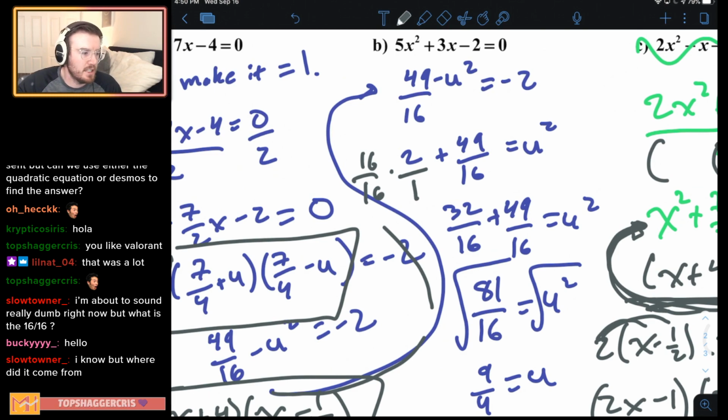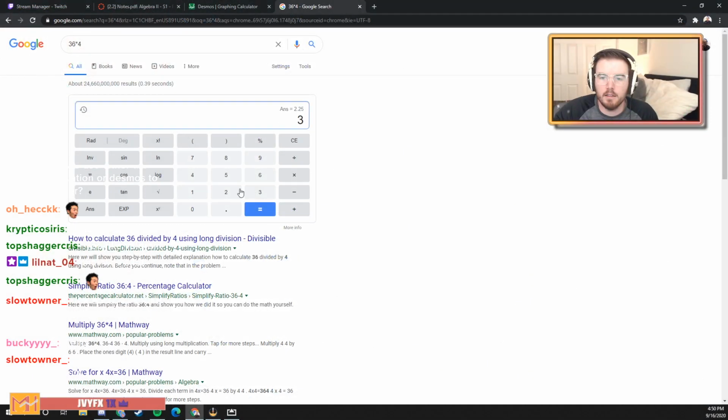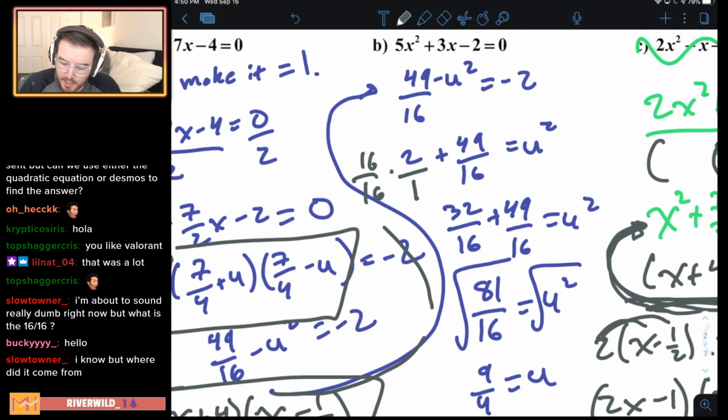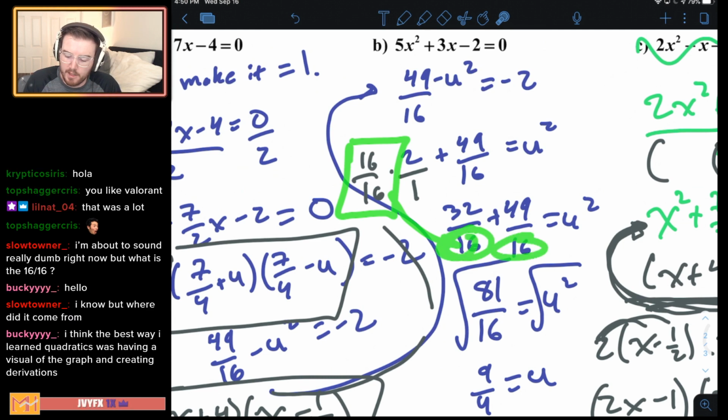What's 32 over 16? It's 2. This 2 and this 32 over 16 are equivalent. I'm just simply rewriting it with a common denominator so that way I can add these two things together.